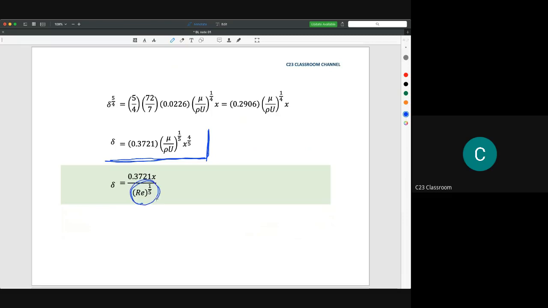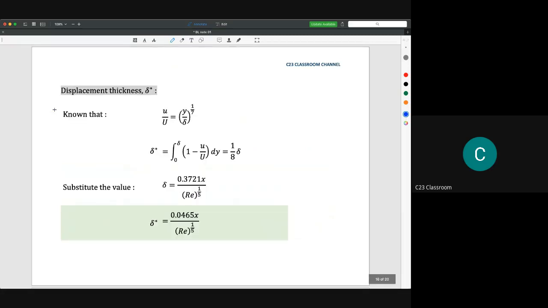So in this case, you will have 0.3721 x over Reynolds number to the power of 1 over 5. So this is the way we calculate delta, the boundary layer thickness for the turbulent.